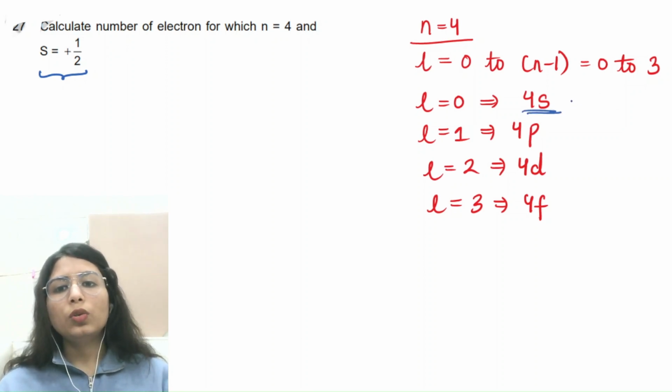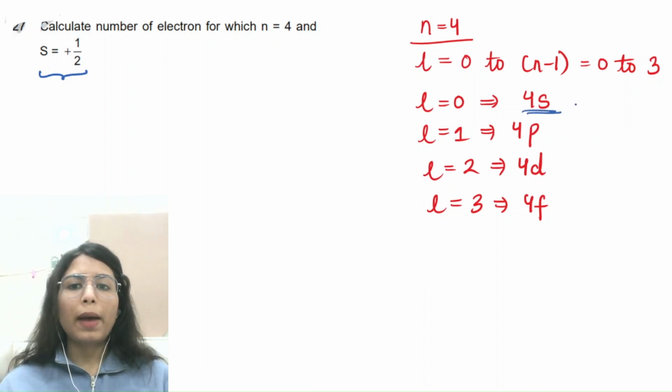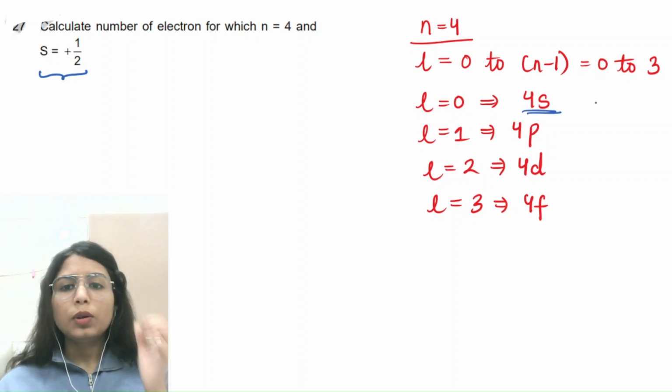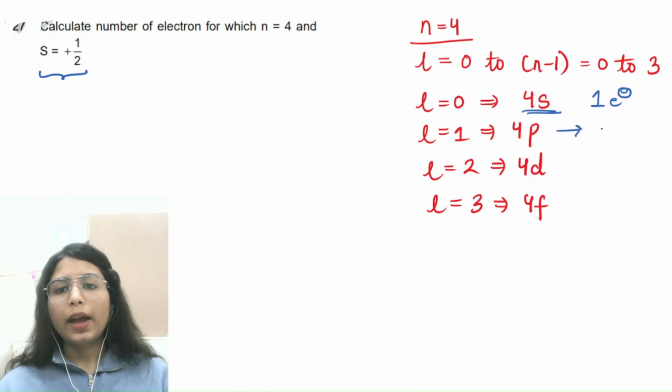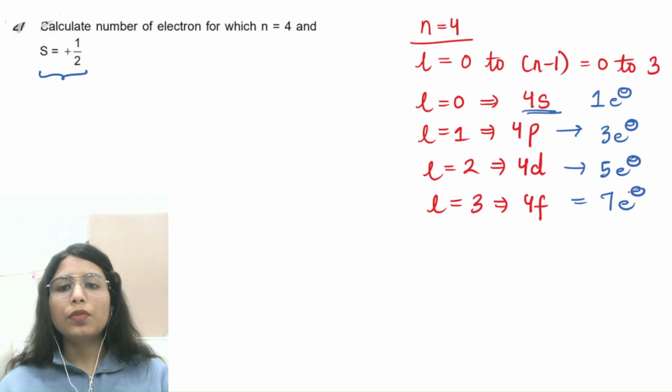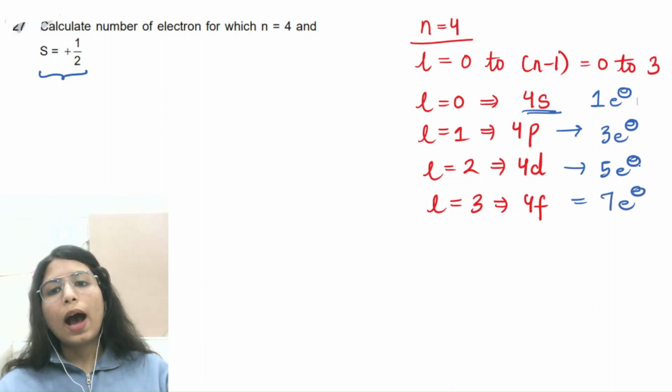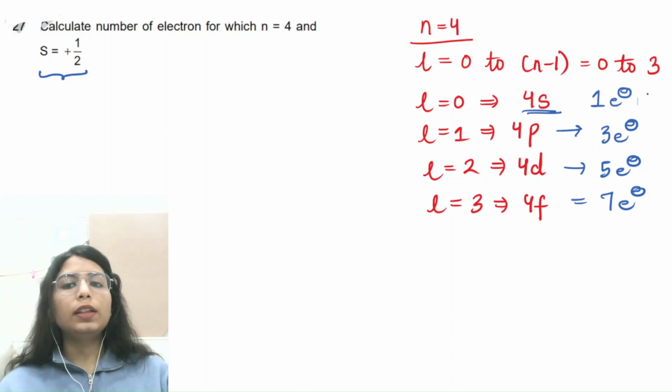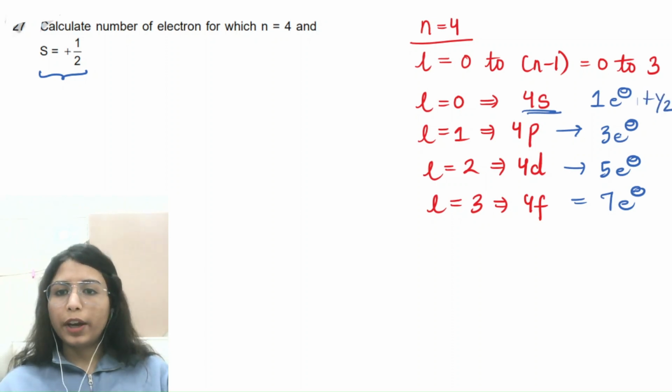In s we know that 2 electrons can be accommodated up to a maximum extent. So here only 1 electron would be present in plus half spin, right? And here 3 electrons will be present, here 5 electrons will be present, and here 7 electrons will be present. So basically the half filled will be the ones which are containing the spin of plus half, right?